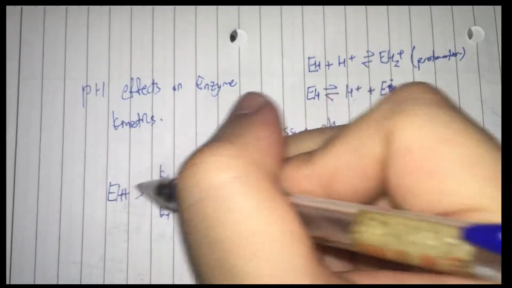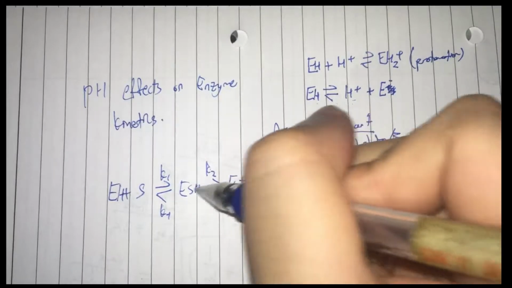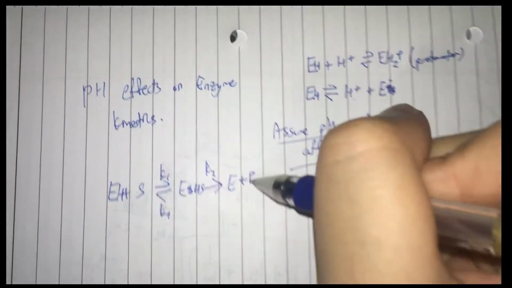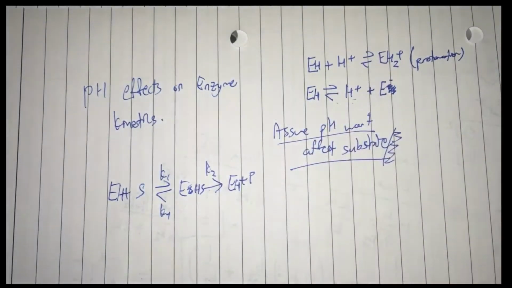So let's represent our enzyme by this: EHS, and this is EH. EH is your run-of-the-mill enzyme.